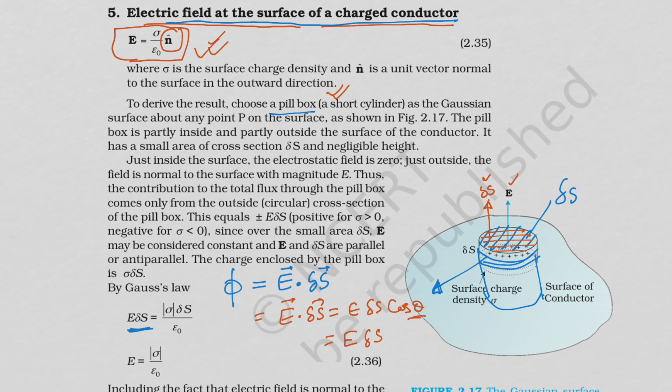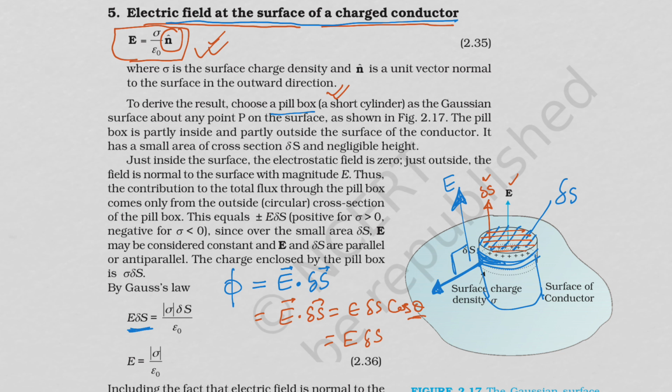The direction of this curved surface is tangent to the conductor. And we know that the electric field is only normal to the conductor, which we have already proved earlier, that the electric field on the surface is only normal to the conductor. The area vector direction for the curved surface is tangent.